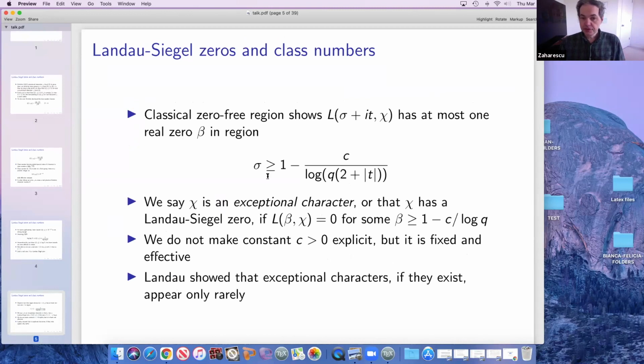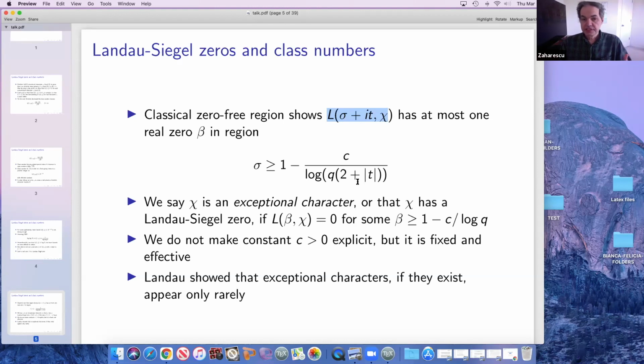The classical zero-free region for Dirichlet functions is of this form: there are no zeros of L(σ + it, χ) at a point σ + it where σ is larger than or equal to 1 minus an absolute constant over log of something like q(t + 2).